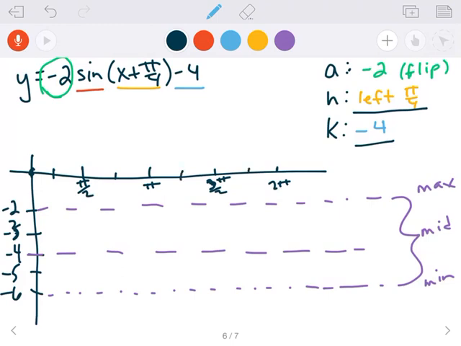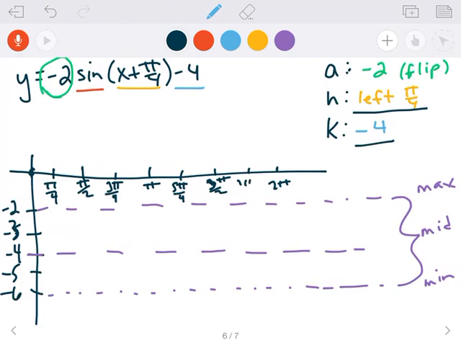And so the first one is going to be pi over 4. And that means we're counting by pi over 4. So if we count this first one as 1 pi over 4, we already have pi over 2, which is 2 pi over 4 reduced. After 2 pi over 4, we would have 3 pi over 4. 4 pi over 4 is the same as pi. After 4 pi over 4, we'd have 5 pi over 4. 6 pi over 4 is the same as 3 pi over 2.